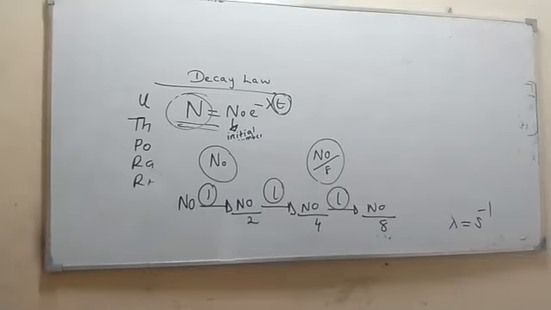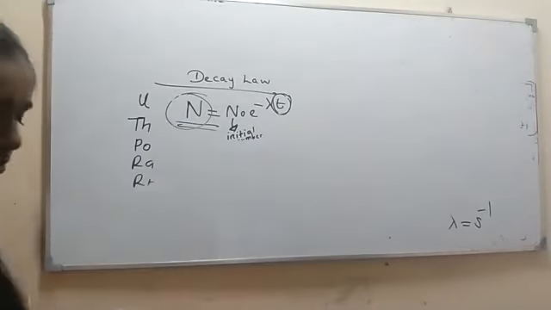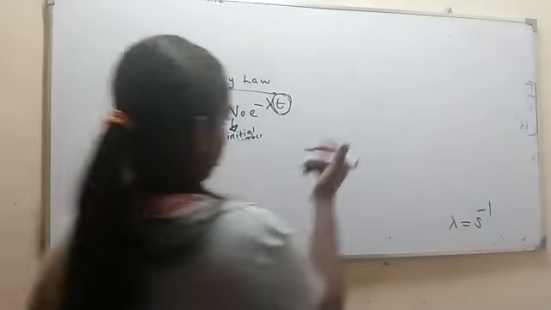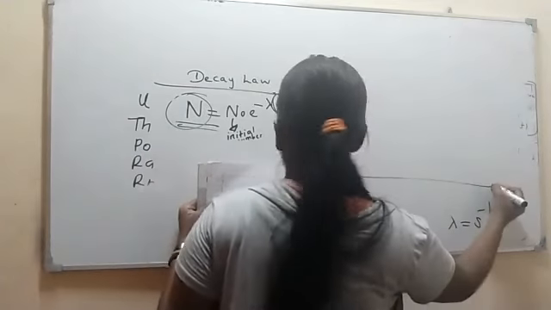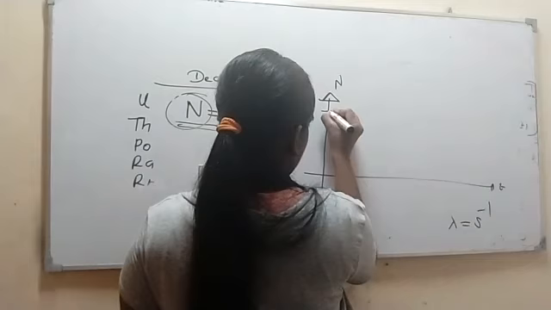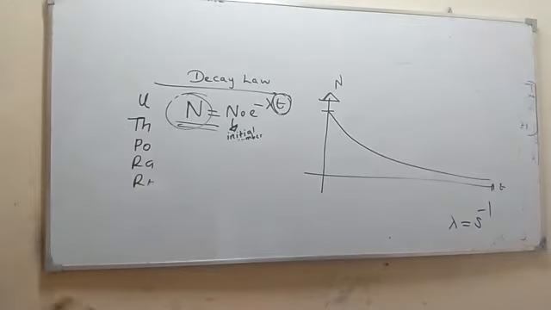Okay. Then there's a small graph in this one. So half-life, we can depict it in a graph, number of nuclei with time. Normally it takes infinite time for every element, uranium, thorium, polonium, radium, radon.